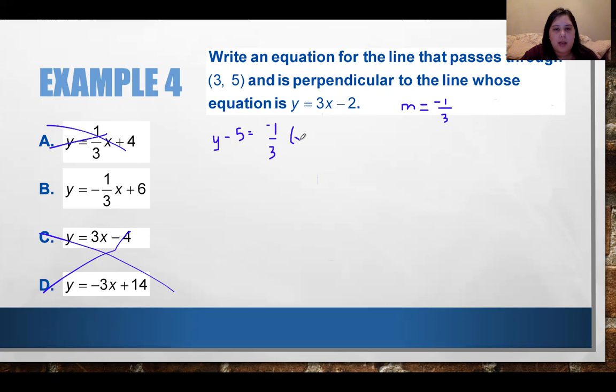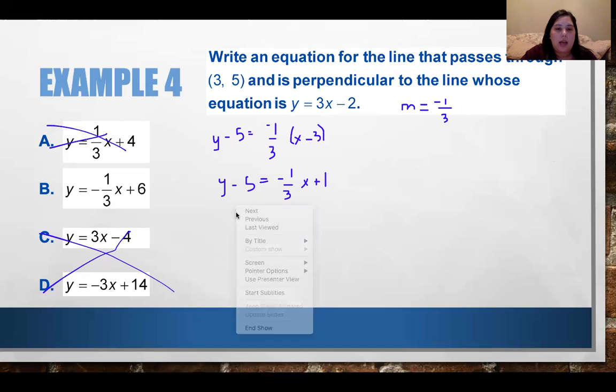I'm going to do x minus 3. And so I get y minus 5, of course, equals -1/3 x plus 1, because -1/3 times -3 is +1.